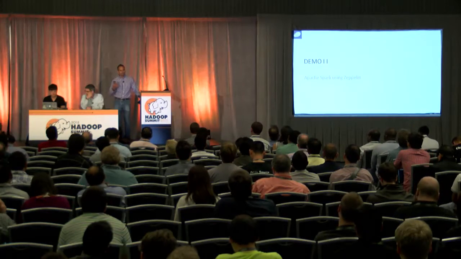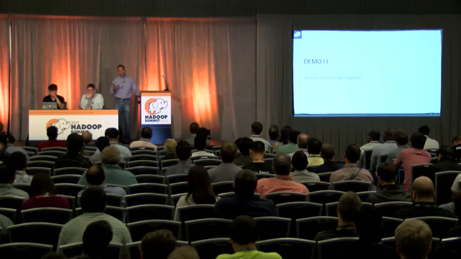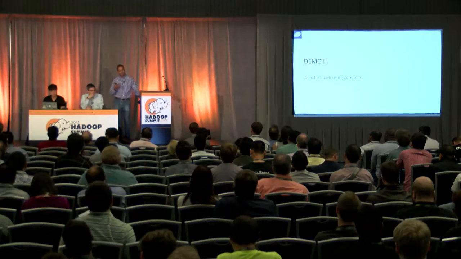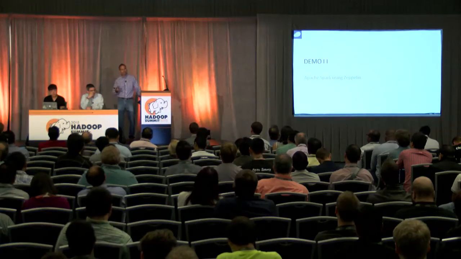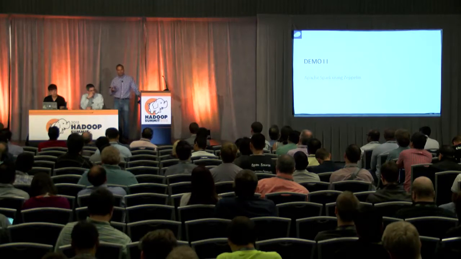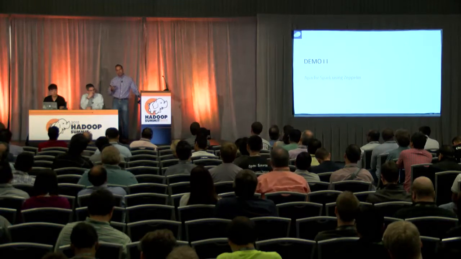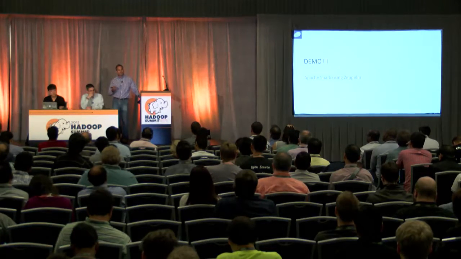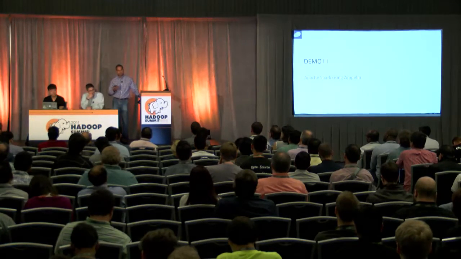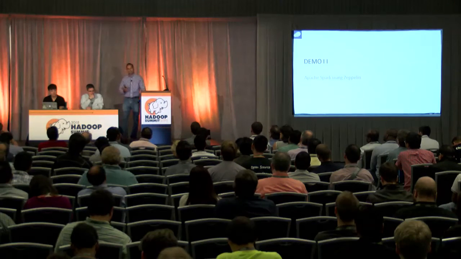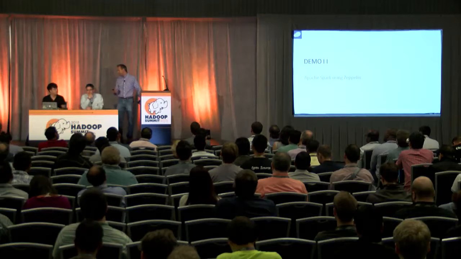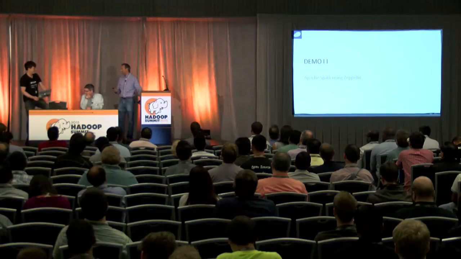Zeppelin supports multiple languages and backends: Scala, PySpark, Hive, Spark SQL, Tajo, Flink, and so on. The reason it can support so many different backends is that its architecture is pretty extensible. And as we'll see, there are interpreter groups and interpreters which are isolated. So Moon, why don't you show us more of your demo?